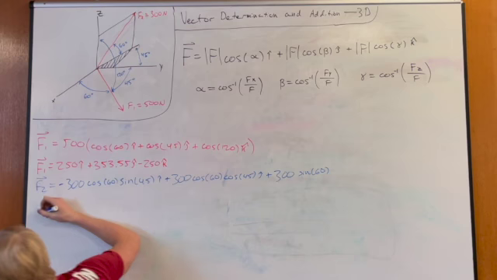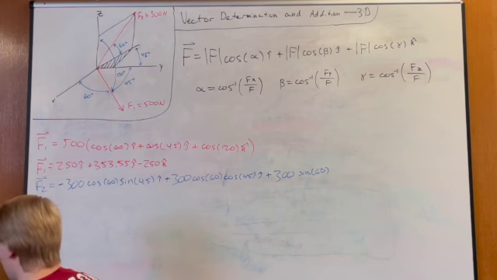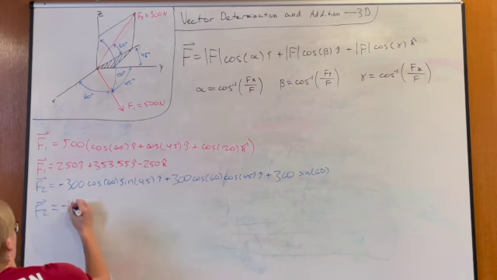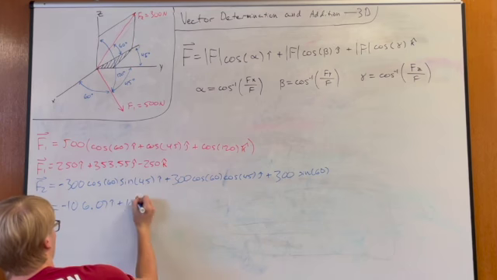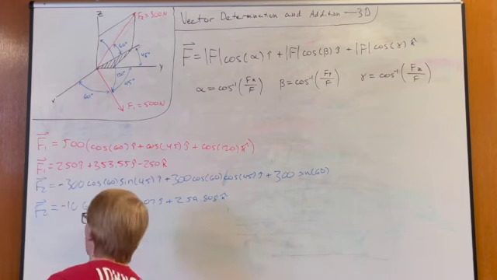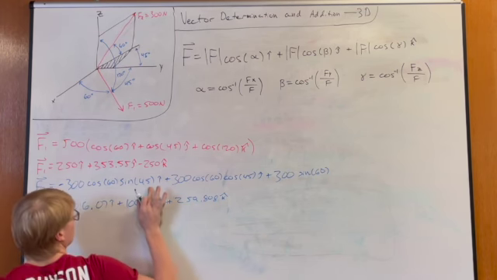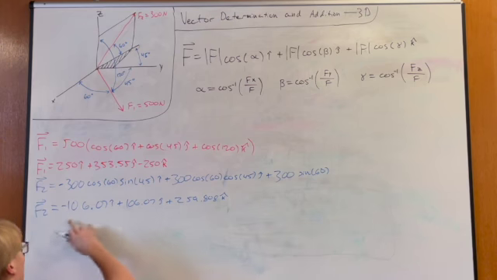Okay. So then the vector notation of F2. What I did there, I just simplified each of these terms down to this.